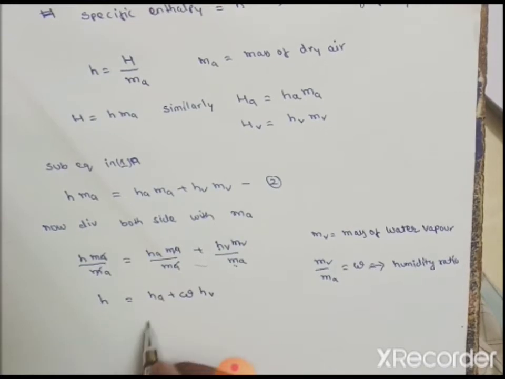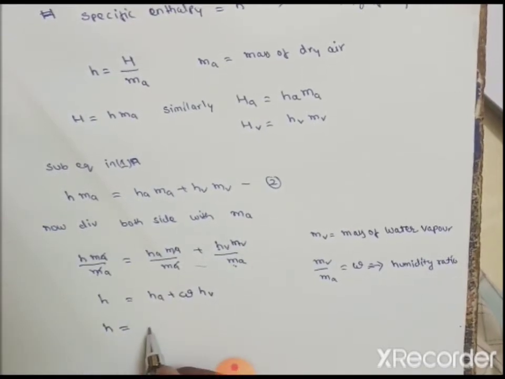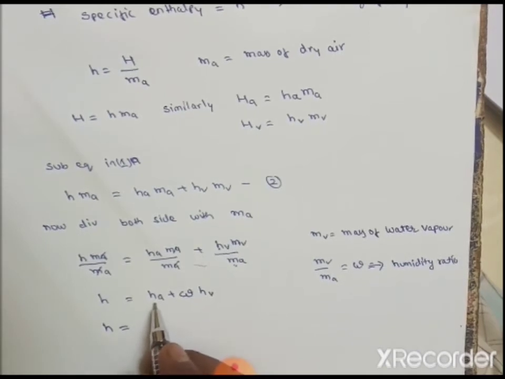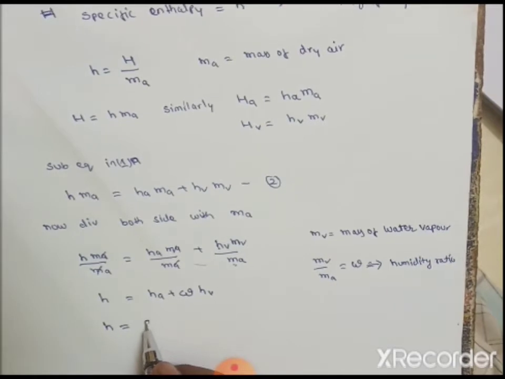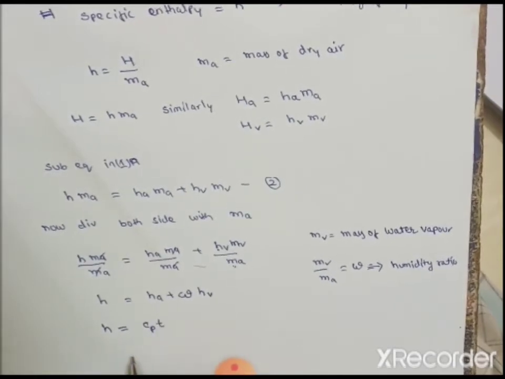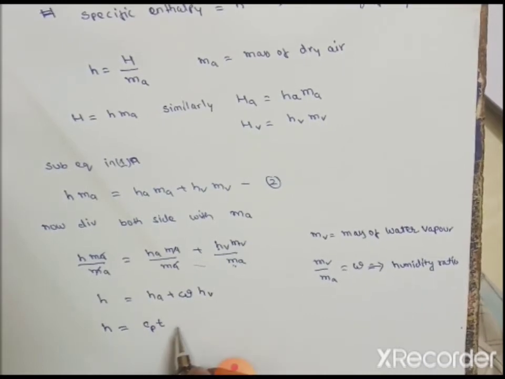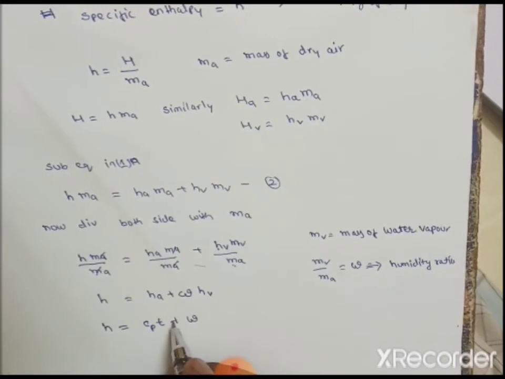Now this ha is the specific enthalpy of the dry air. The enthalpy of the dry air is written in terms of Cp times T per kg. So this is the specific humidity or humidity ratio.